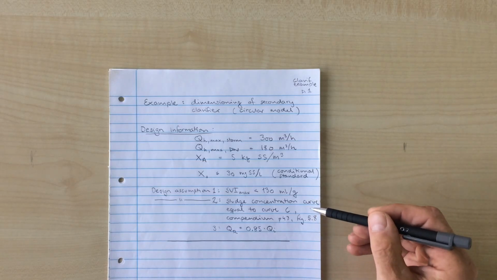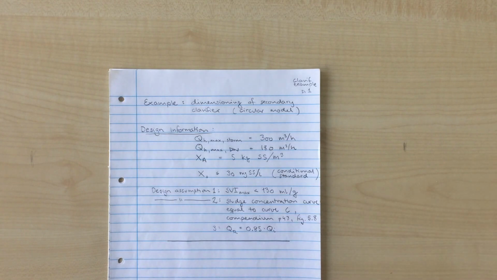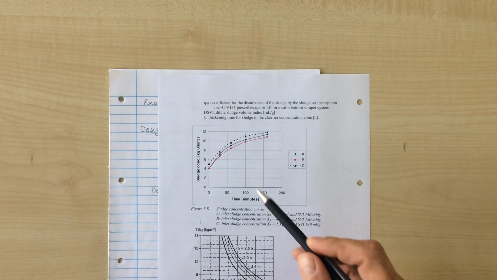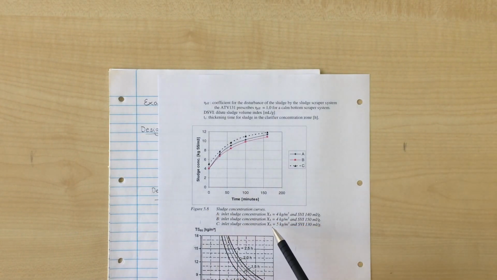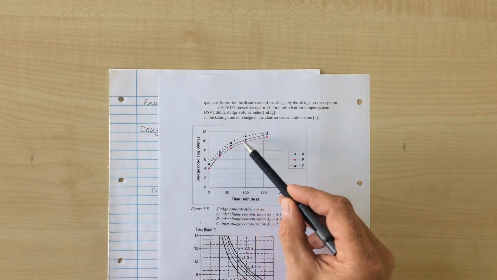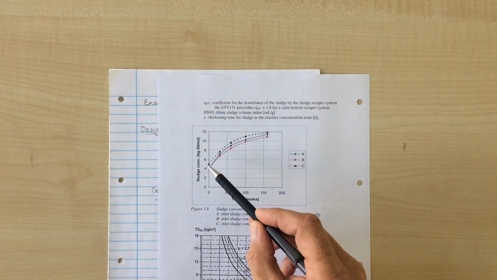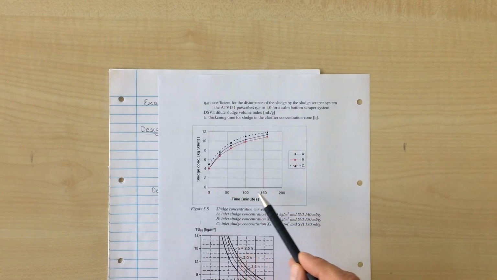Secondly, I assume that the sludge will behave something like the example given in the compendium, this curve 5.8, where we have a sludge concentration of 5 kilograms per cubic meter and an SVI of 130, and we see how the sludge concentrates over time.